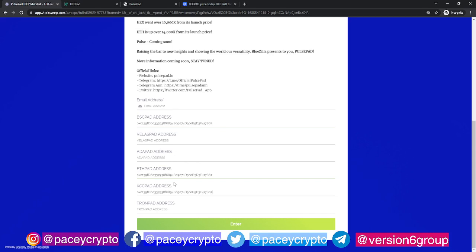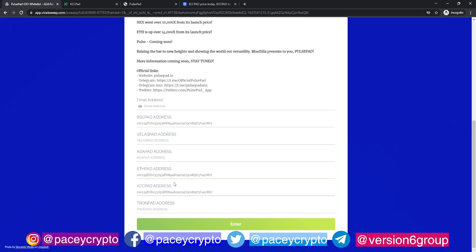Now, what I believe is that you have to be staking on these platforms in order to qualify for the whitelist for the platform. If you're not staking on the platform, I believe that you're not going to be able to qualify for the whitelist because I believe that you have to at least be supporting the platform.